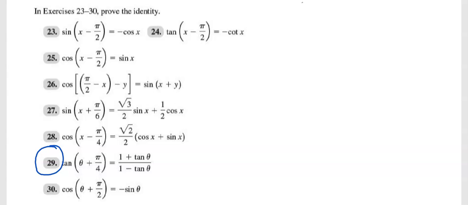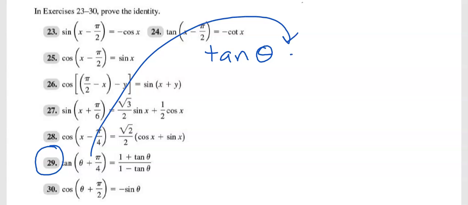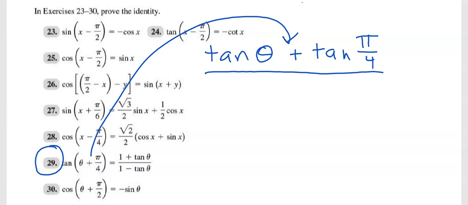So tangent theta plus pi over 4. Okay, so now I've got to think about, so that's tangent theta. Keep the same sign on top. Tangent pi over 4. On the bottom, we have 1.